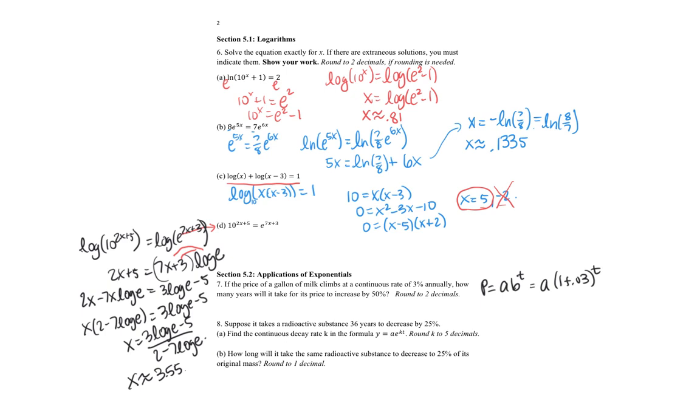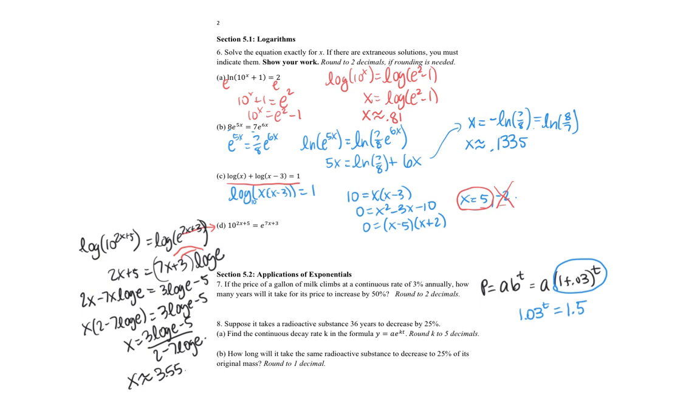So in other words, I want this part to be equal to 1.5, because I need it to be a 50% increase. So 1.03 to the T equals 1.5. And then I just want to solve that for T.